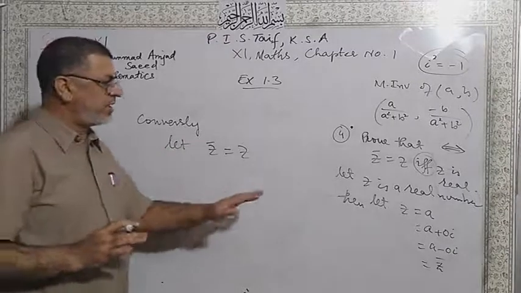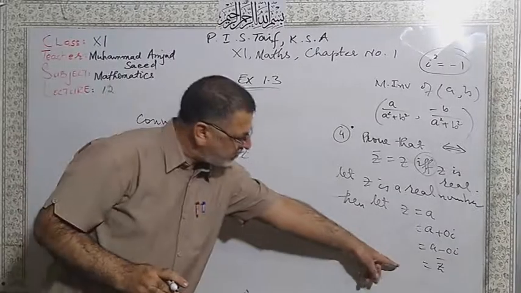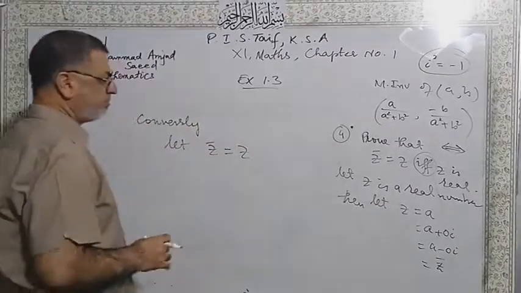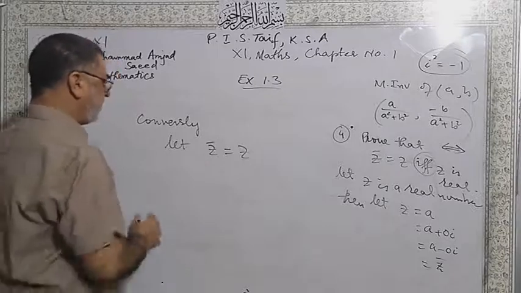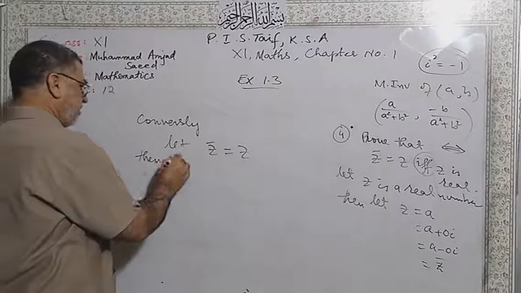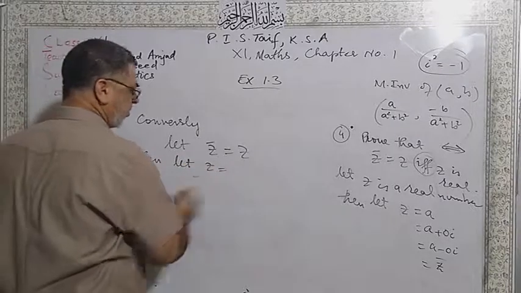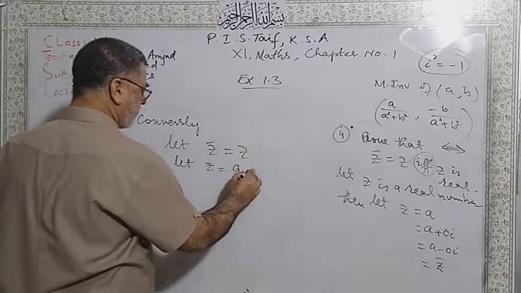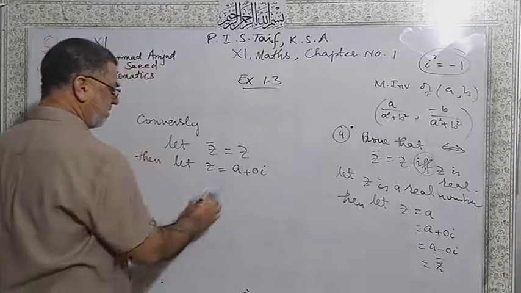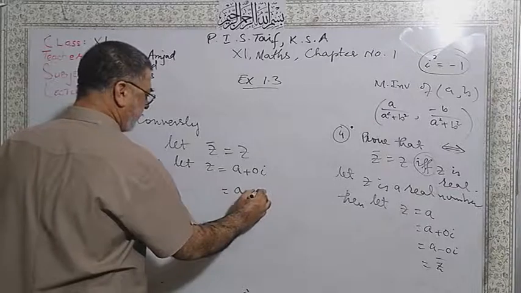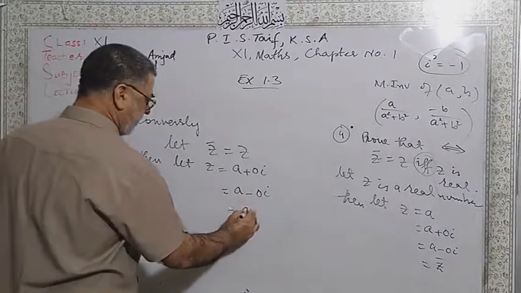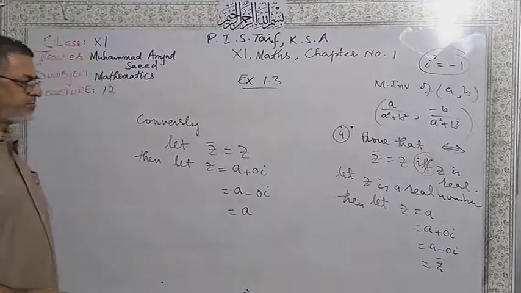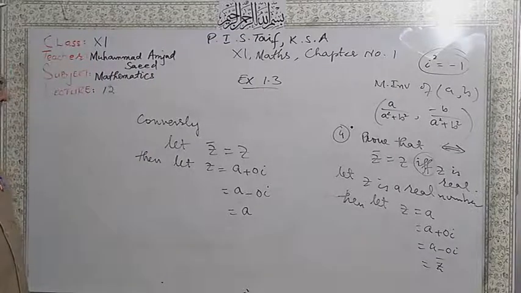Now we are moving to the opposite of the last one. Let z bar be equal to z, and let z equal a plus 0 iota, then definitely z bar is a minus 0 iota, which is a.